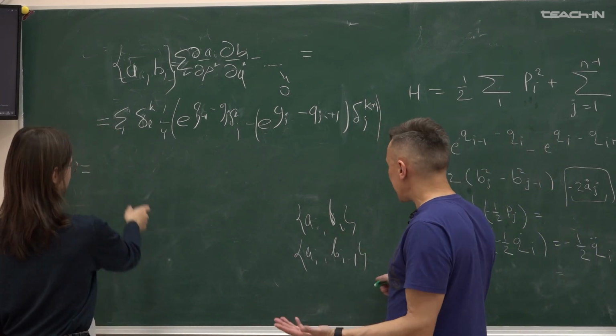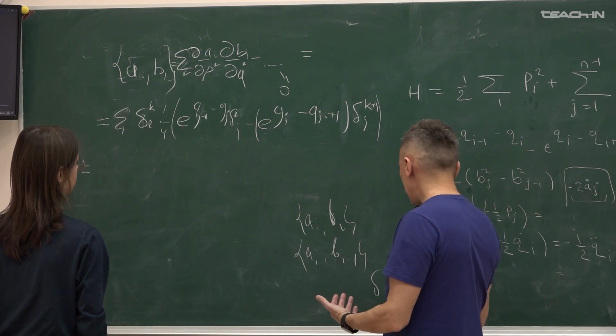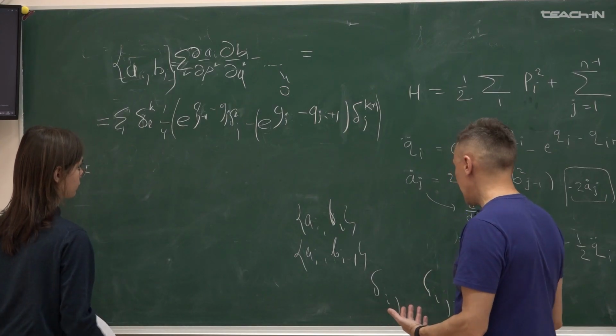Yeah, I understand. So it means that somewhere it should be delta I j and delta I j plus 1.